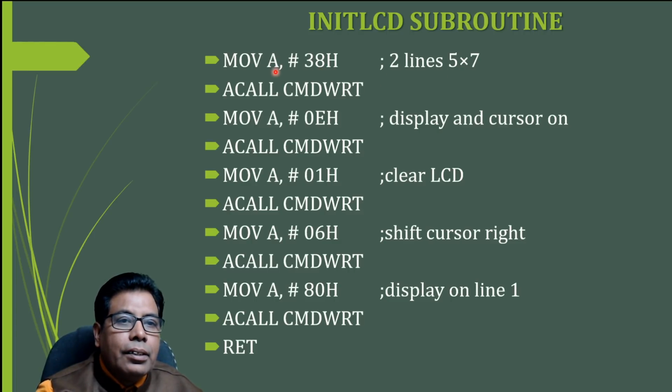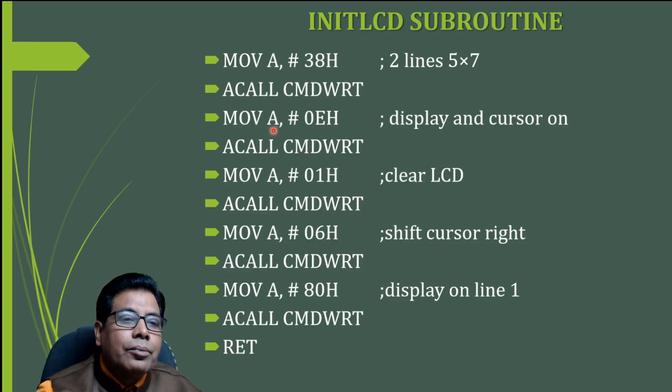So once we load this into the accumulator, then we call the command write. So the command write subroutine will write this command, that is 38H, into the LCD. So the LCD will be set as 2 lines 5x7 matrix.